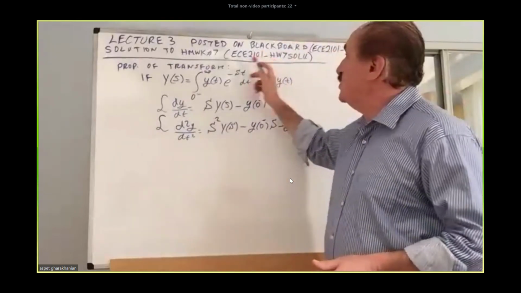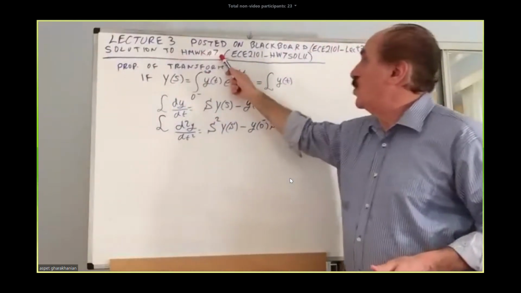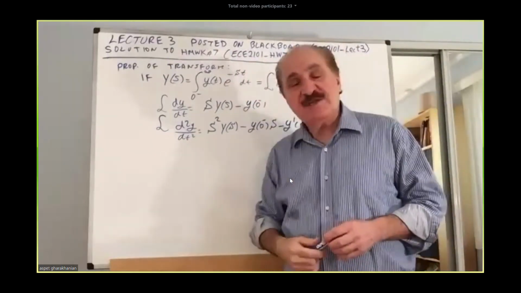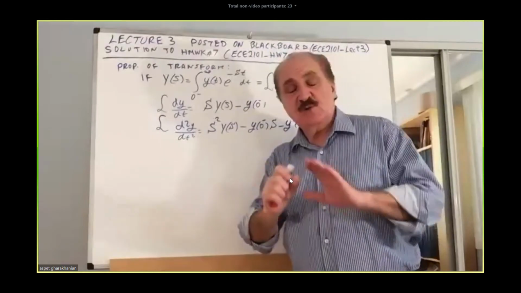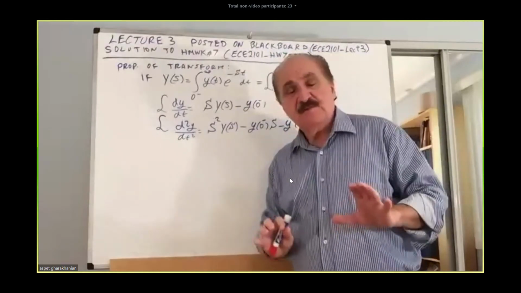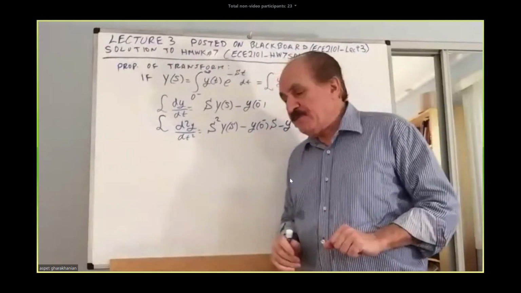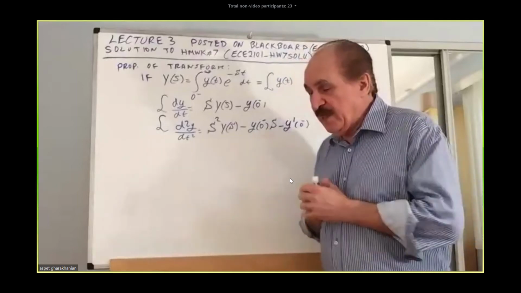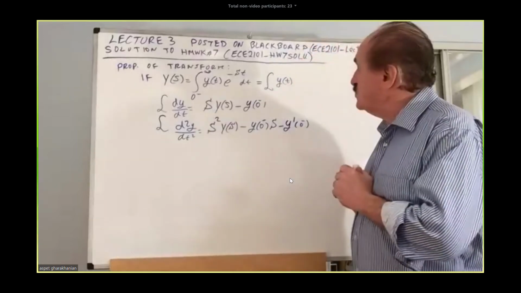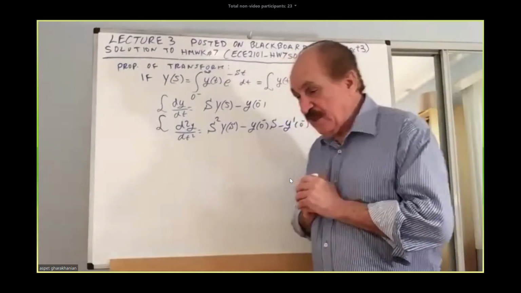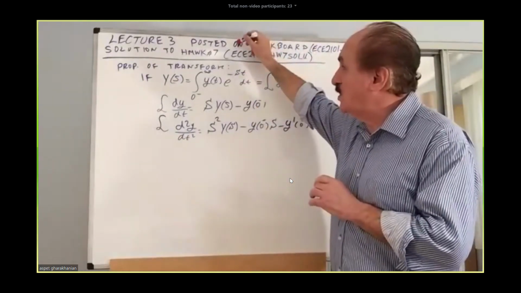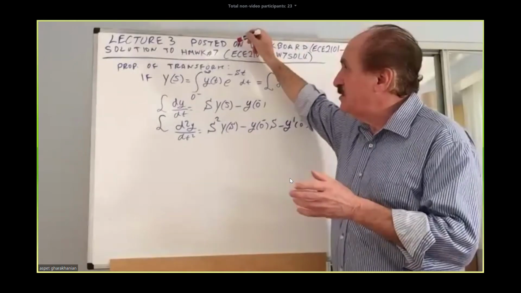It was the solution to homework number 7, which I gave you as an assignment. I solved all the problems and showed how it can be done step by step. It was also a 7-page document. Actually, the first document was 9 pages.